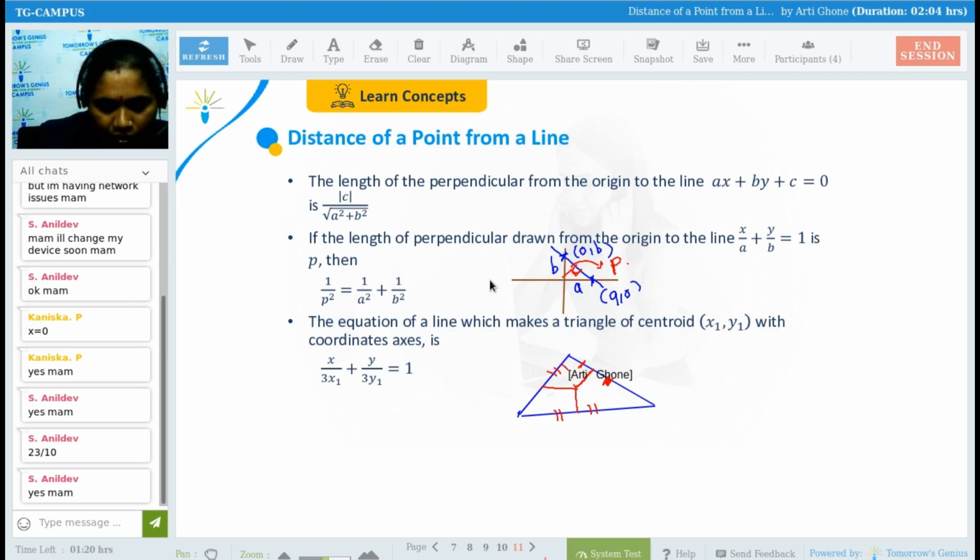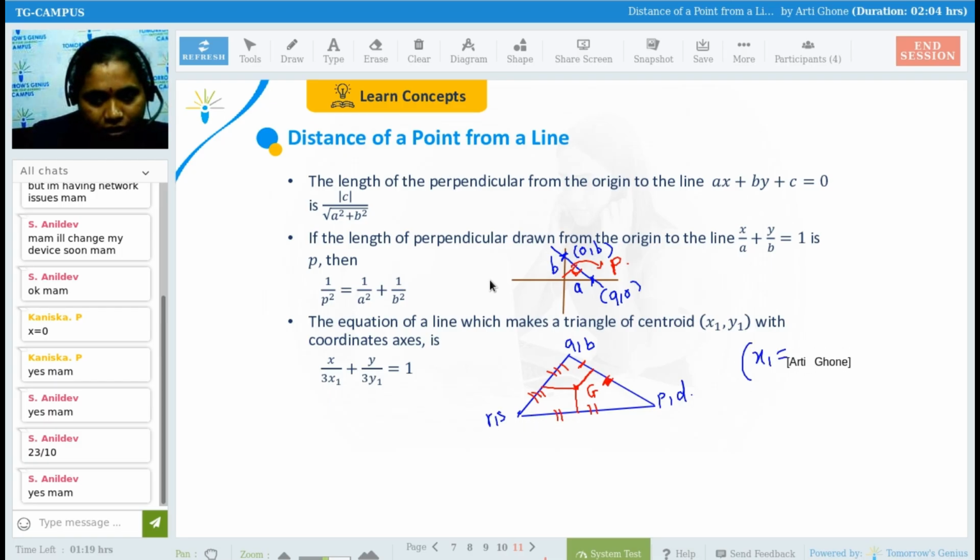Okay, so this is a centroid. Now imagine a line passing through the centroid. The equation is given as x upon 3x1 plus y upon 3y1 is equal to 1, and the centroid coordinates are (x1, y1). So how do we find the centroid coordinates? That we know better. If the coordinates of these are (A, B), (P, Q) and (R, S), then the centroid coordinates are x1 is equal to A plus P plus R upon 3, and y1 is equal to B plus Q plus S upon 3.